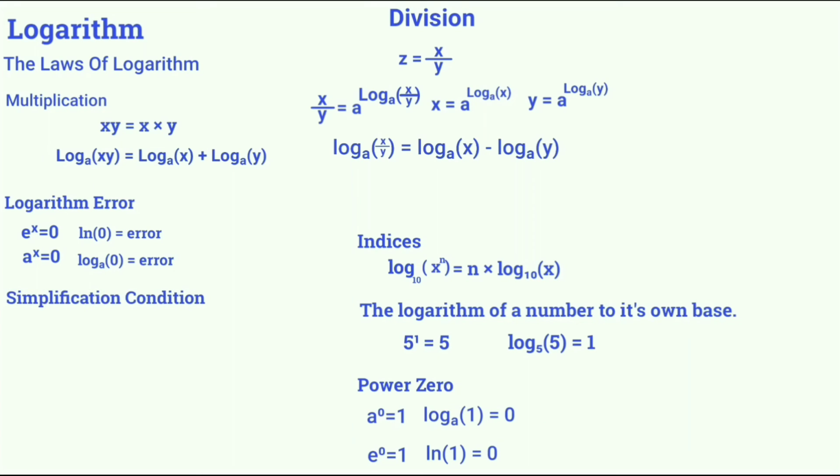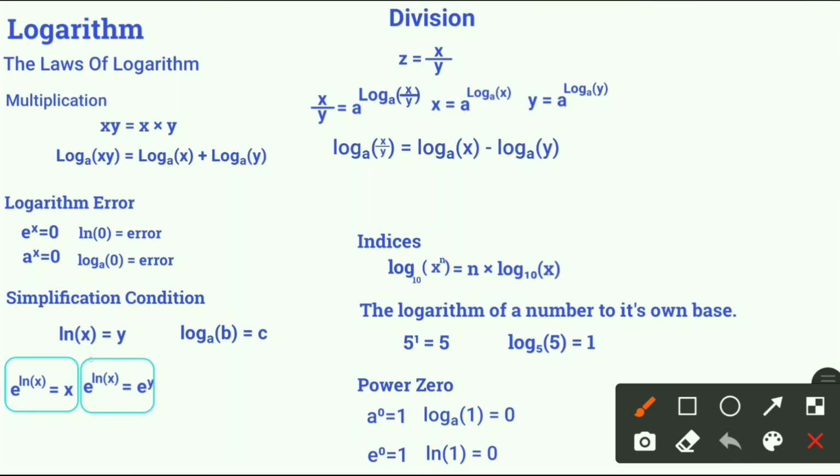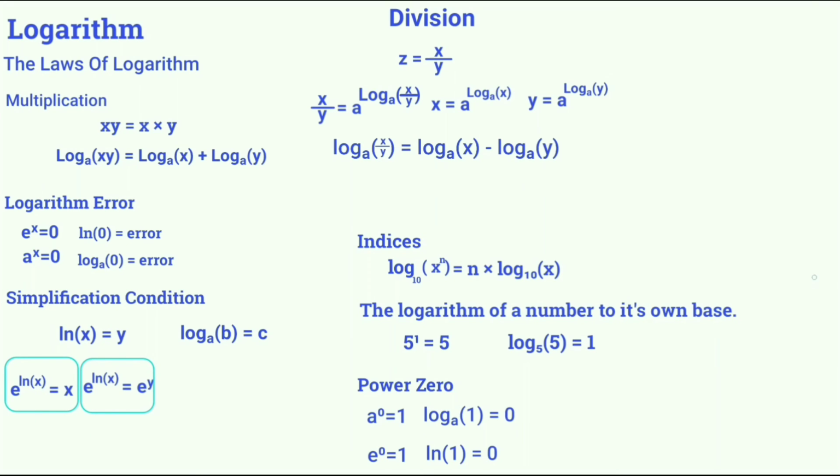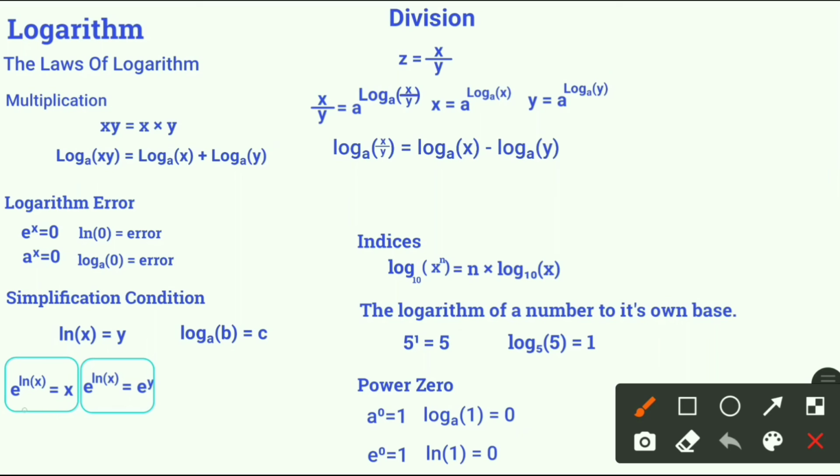Okay, simplification condition. ln x is equal to y, and log_a b is equal to c. You have this, and you just convert this to this, so x is equal to e^y. This is what's explaining it; this is what it really means. ln x is equal to y.